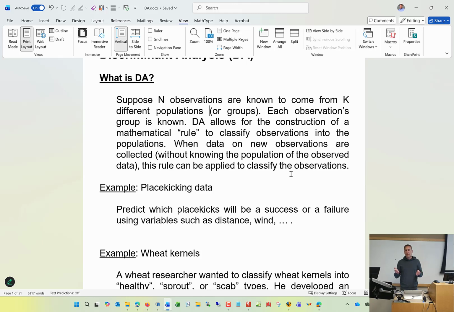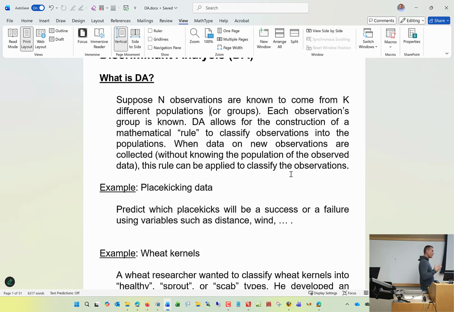So it could be as simple as the population of athletes at this university, the population of non-athletes at this university. It could be the population of faculty, the population of staff, the population of administrators, the population of students. Okay? So multiple populations or multiple groups.